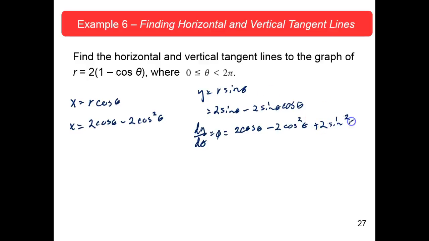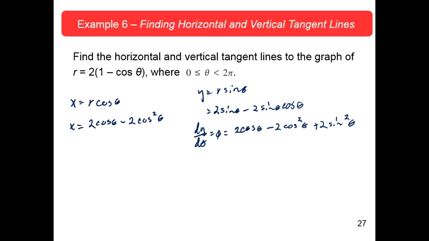Sine squared theta. Everybody agree with that or not? Okay. Now we want where that's equal to 0. I think I'd prefer to have everything in one trig function, wouldn't you?